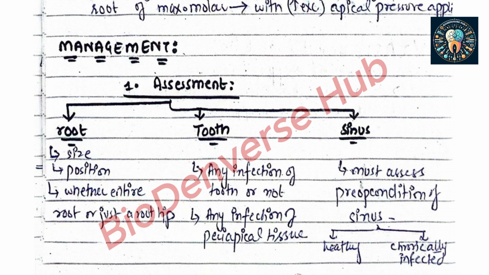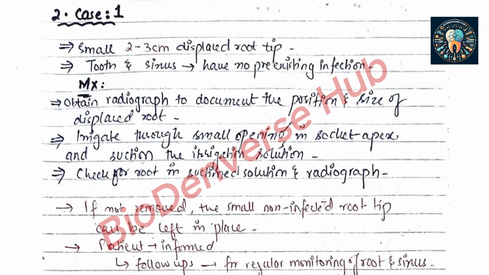After you have done the assessment, now we will be studying different cases. The first case could be that the root that has been displaced is very small in size, 2 to 3 centimeter, and it is a root tip. The tooth and the sinus have no pre-existing infection. In that case, what will be your management? We will first obtain a radiograph to document the position and size of the displaced root.